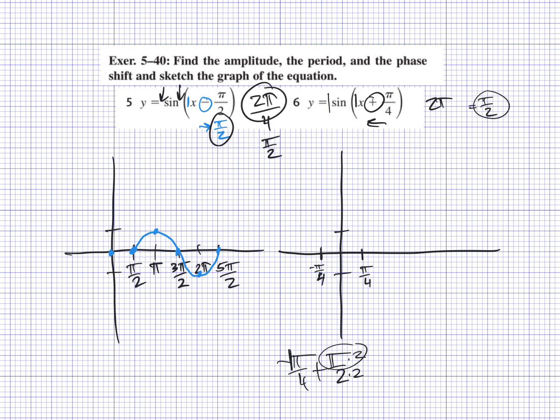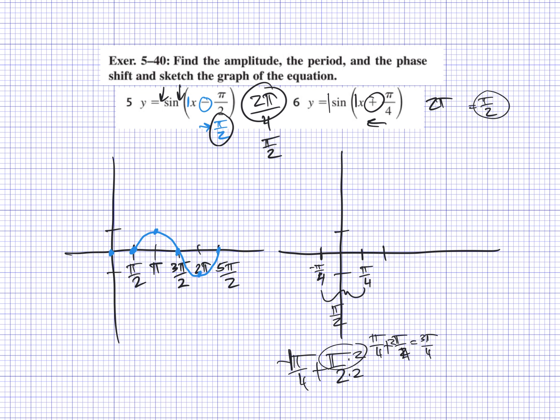This distance is still pi over 2. So pi over 4, now positive, plus the pi over 2. Common denominator would be 2 pi over 4, so that'd be 3 pi over 4 for the next mark.